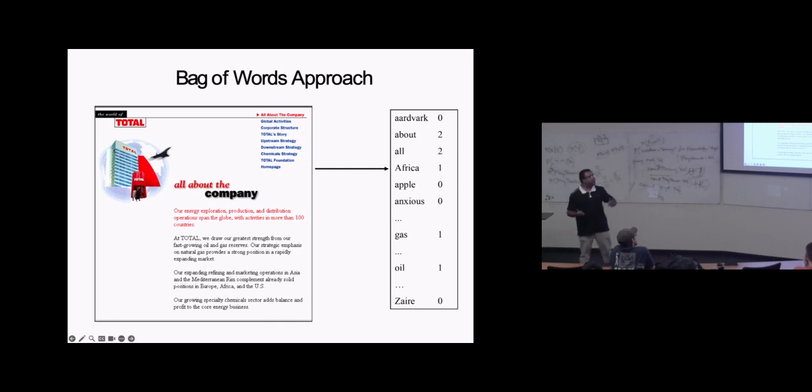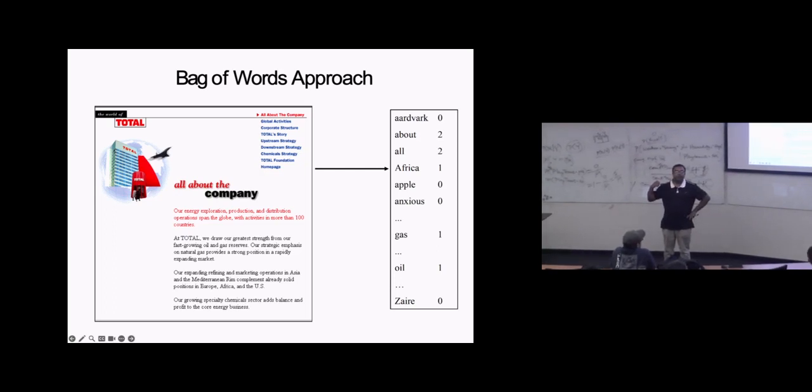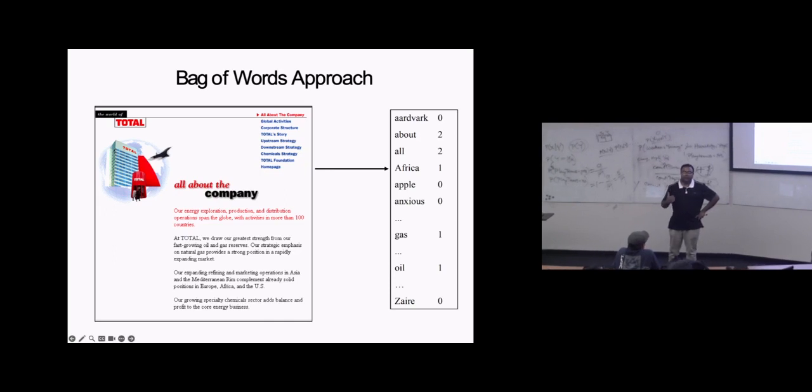Now, can anybody tell me how this bag of words representation connects to the naive Bayes theorem? Why is bag of words something that connects to naive Bayes? Okay, what is the assumption in naive Bayes?